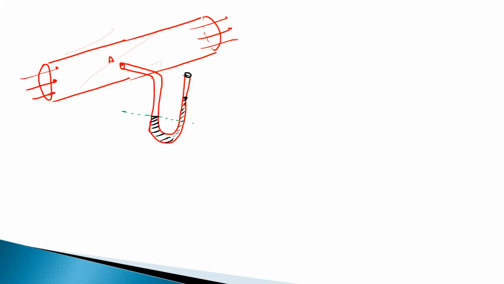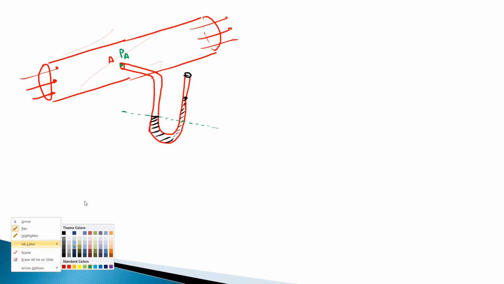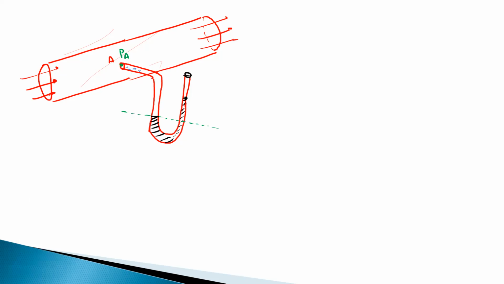So this is your reference line. At this point, pressure will be PA. And suppose this is the water in the pipe. So here you can see the water. This complete part will be filled by the water only.